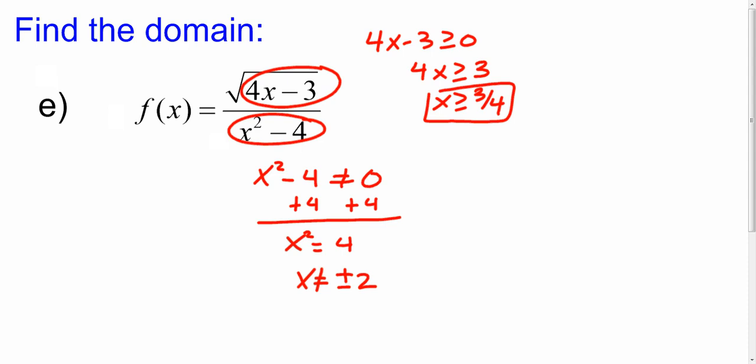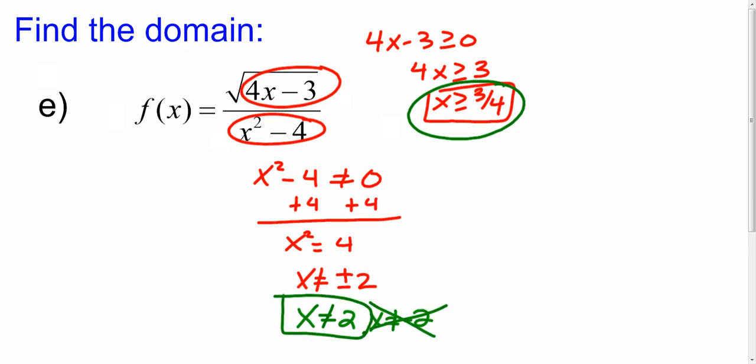If x has to be greater than or equal to 3/4, and then this means that x can't be 2 and x can't be -2. Okay, this is probably my biggest restriction here, that I have to have numbers that are greater than or equal to 3/4. Well, -2 I'm not even going to worry about then because that's not greater than or equal to 3/4. But this I do have to worry about.